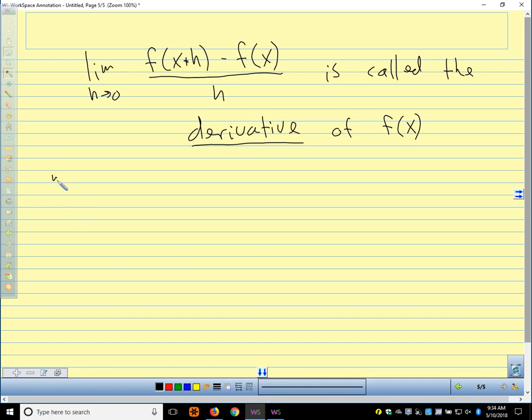And we write f prime of x. That indicates the derivative. We also write dy dx. The dy means the change in y over the change in x. So that's another way of writing the slope. You'll also see it written as y prime.